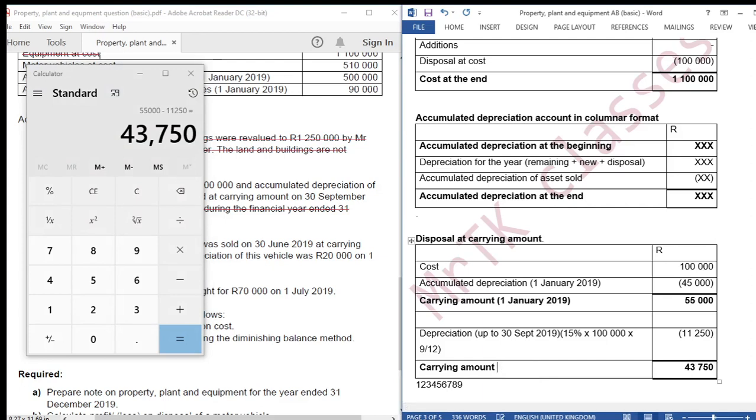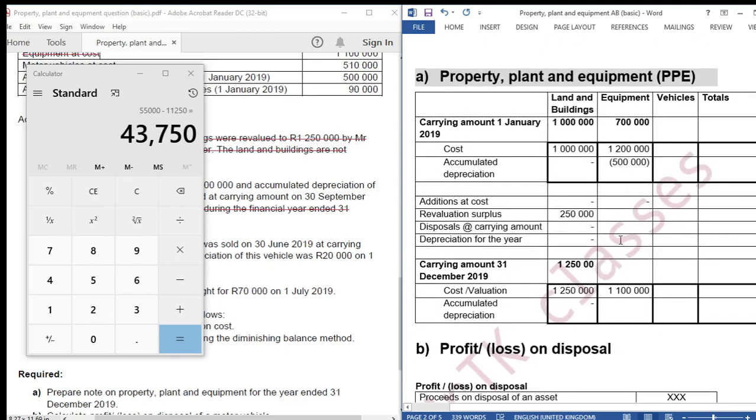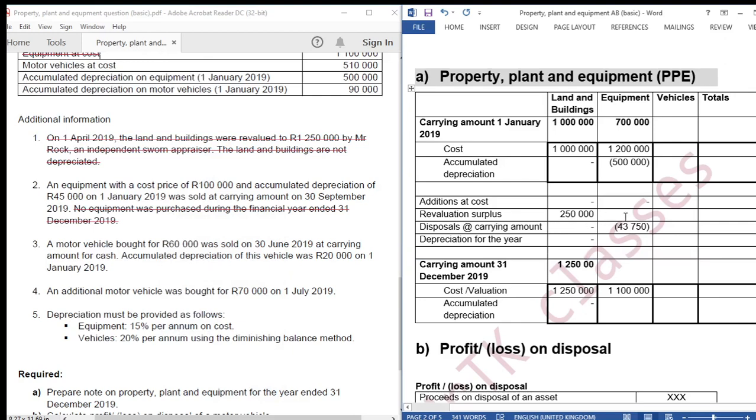This carrying amount is as at 30 September 2019 because we have subtracted depreciation up to 30 September 2019. 30 September 2019 is the date of sale, which means we are going to take 43,750 here and put it in brackets. This is a sale. It will decrease the assets that we have. All right. We don't have revaluation here.